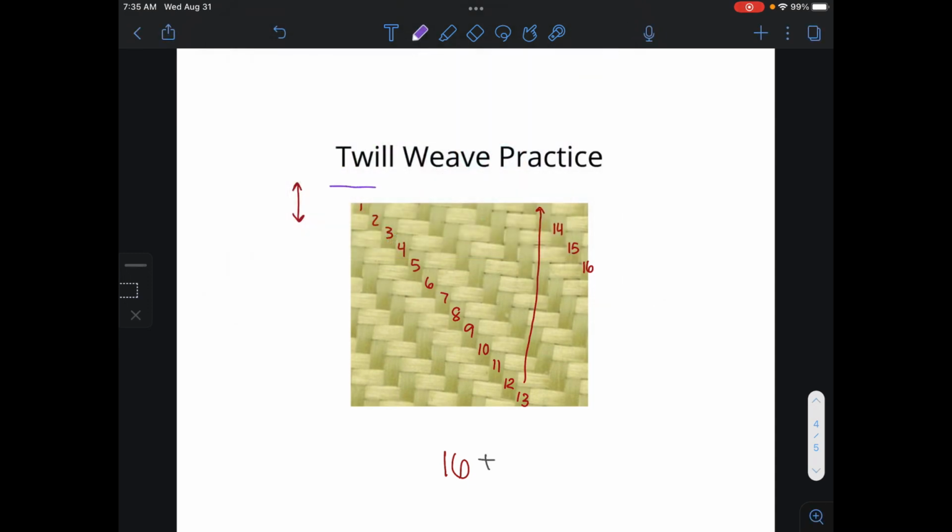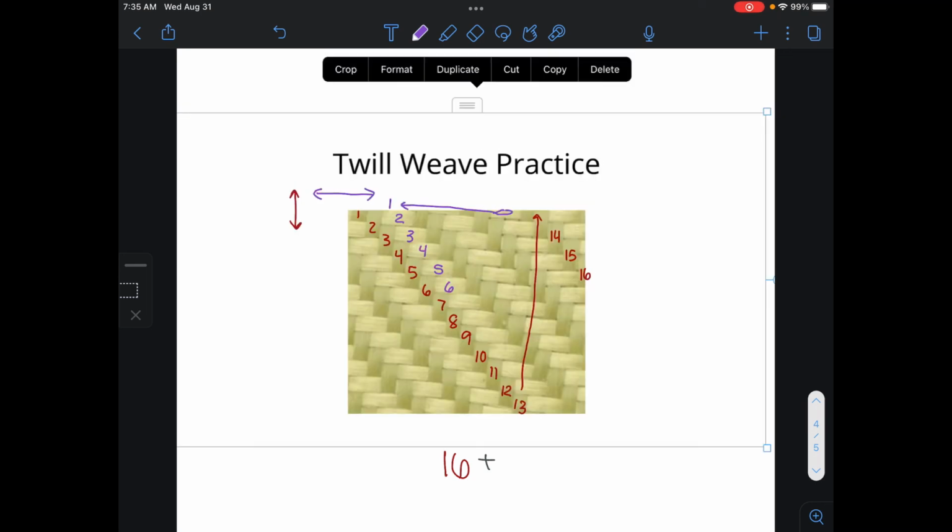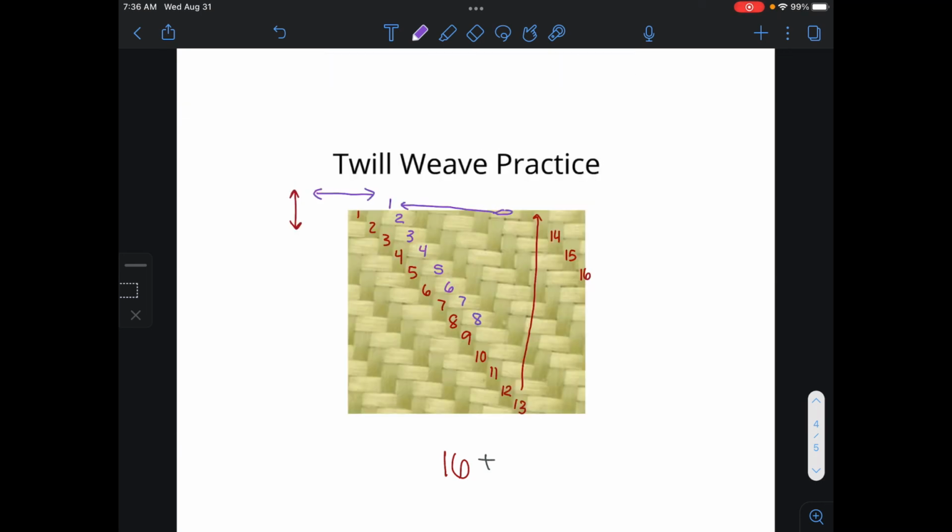plus our weft. We need to find left to right, so we'll start all the way at the top and then move our way to the bottom. It's kind of hard to see right here. This is a row, so I'm just going to count this as a row right here. So this would be number 1, 2, 3, 4, 5, 6, 7, 8, 9, 10, 11, 12, 13, and we are almost there.